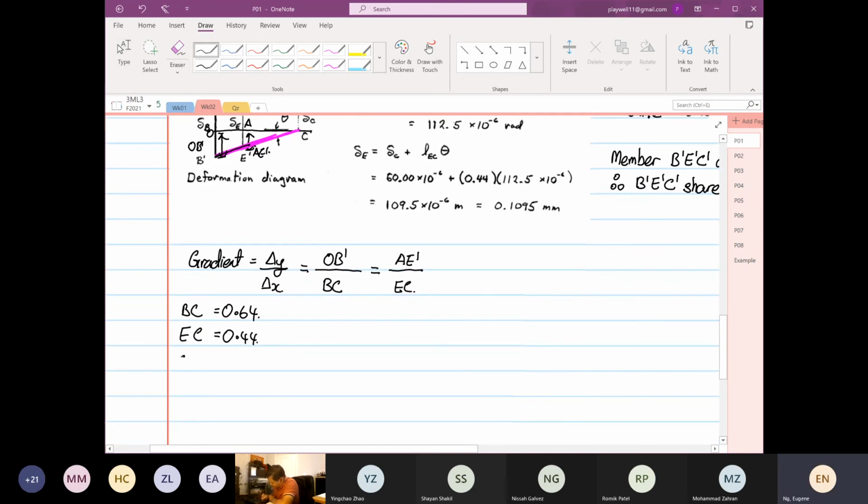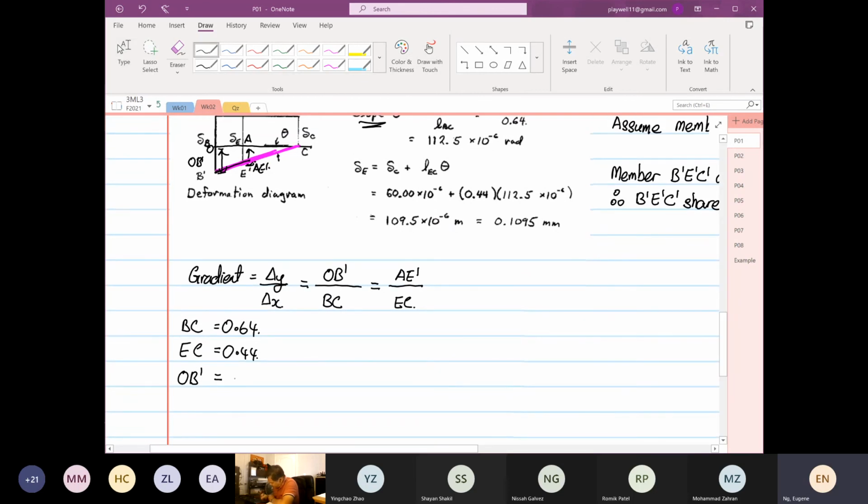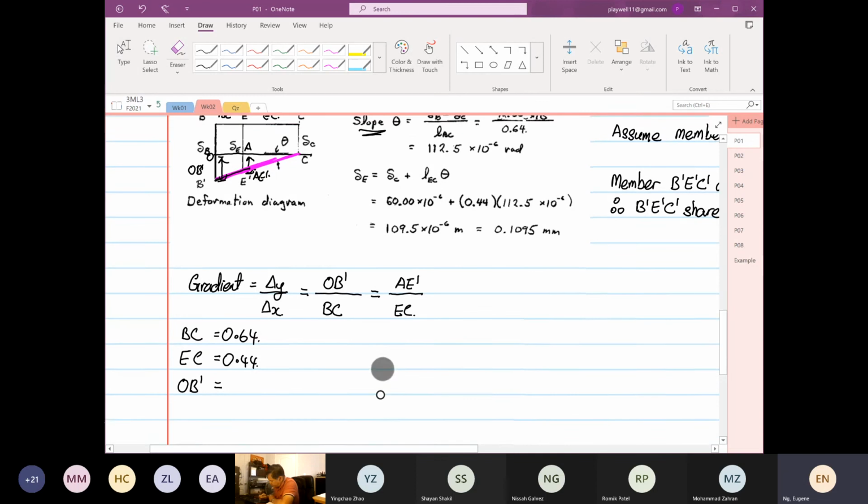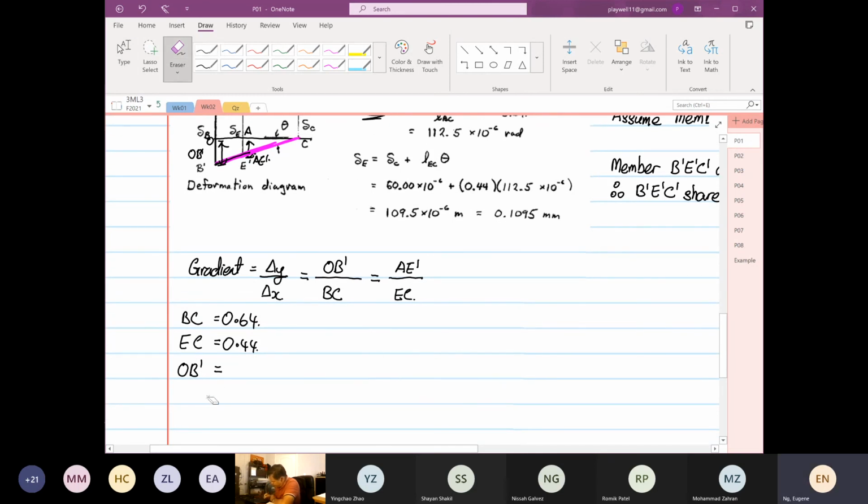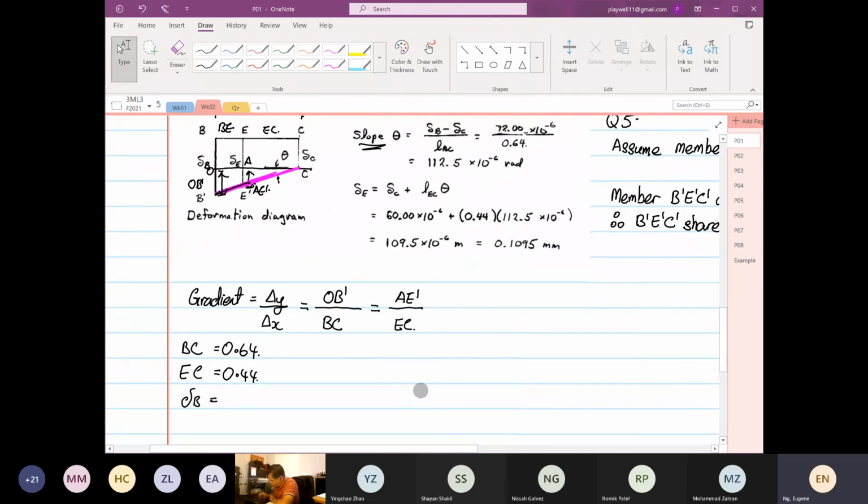And OB prime is equal to the deflection of point C. Or if we look at the deflection of B, the deflection of B is this whole thing, equal to the deflection of C plus OB prime.